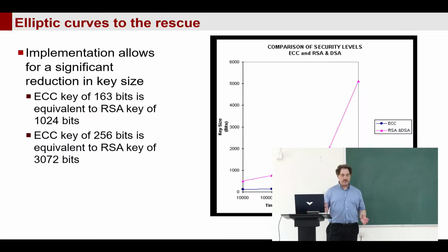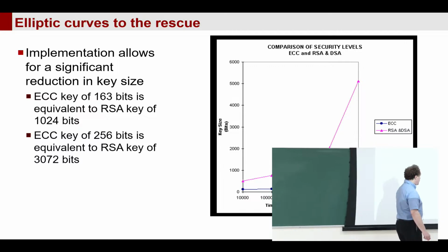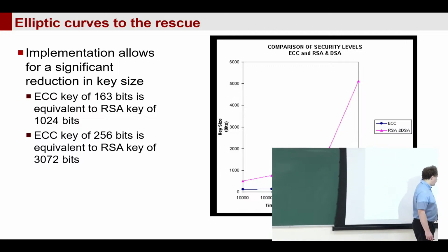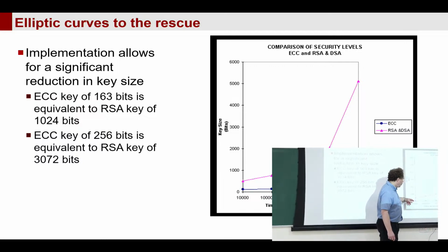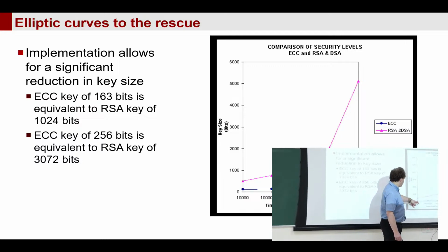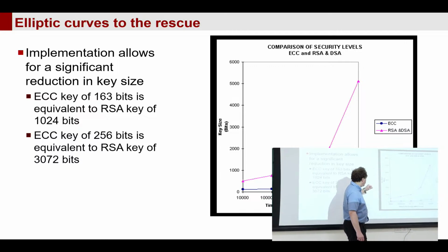So it's much shorter, and we are getting the same guarantees in terms of security. And this plot in the slide shows basically the benefits, or how hard it would be to break elliptic curve cryptography compared to, say, RSA. Right?